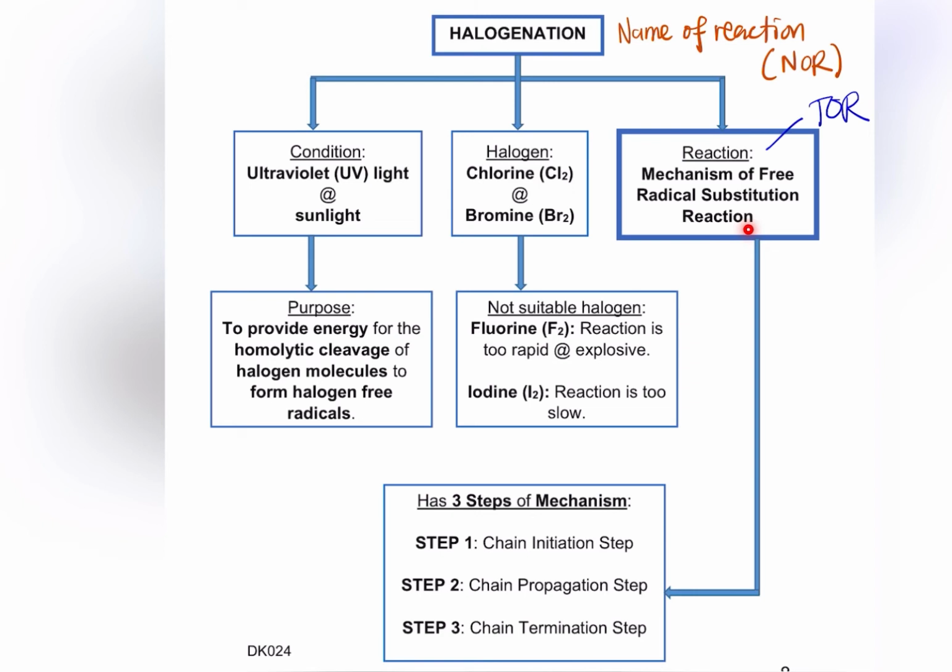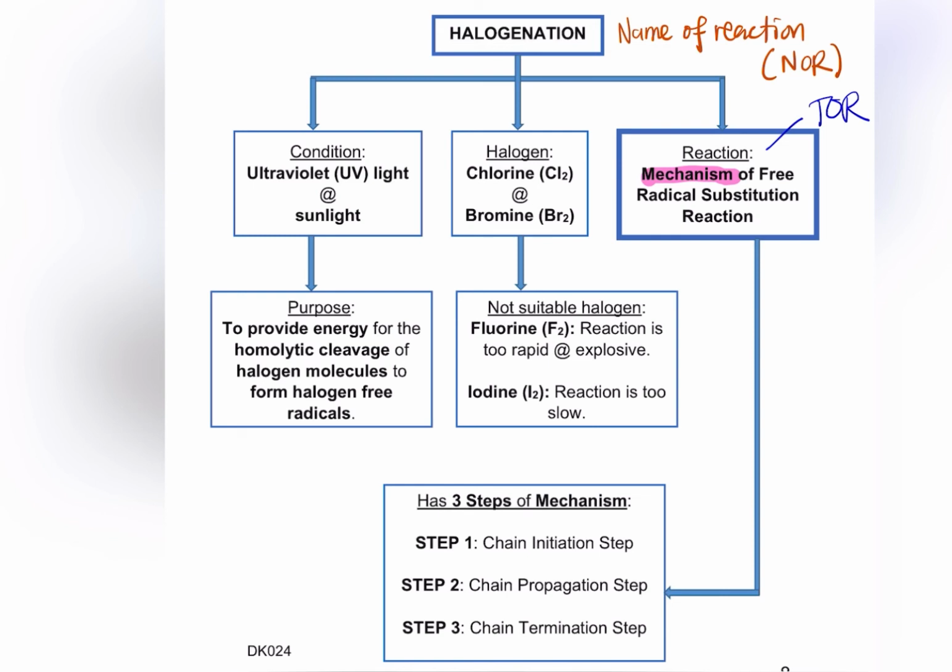And of course, we are going to learn new things about the mechanism. So what is a mechanism? A mechanism is a reaction pathway to show how the free radical substitution happens between alkanes and the selected halogen under the condition of sunlight in the halogenation reaction.